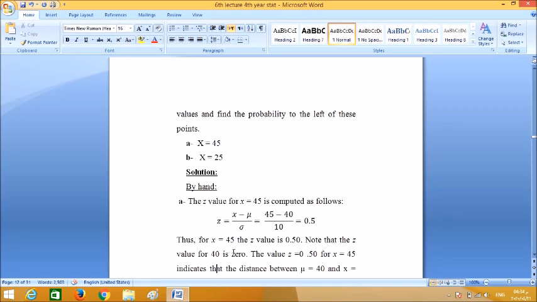Note that the z value of 40 is 0. If you substitute 45 by 40, then 40 minus 40 equals 0. So the z value for 40 equals 0.